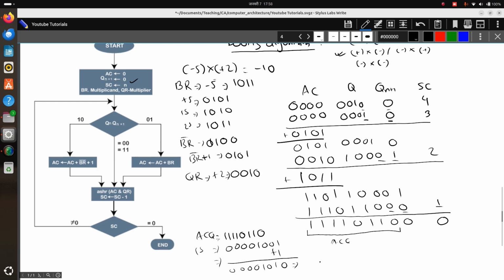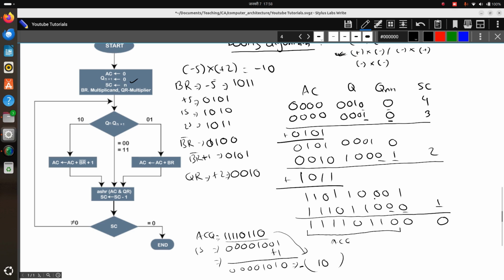If we find the decimal equivalent of this, it is going to be 10 with a sign minus, because actually the result was minus 10 in its 2's complement form. So we solved the second case too.